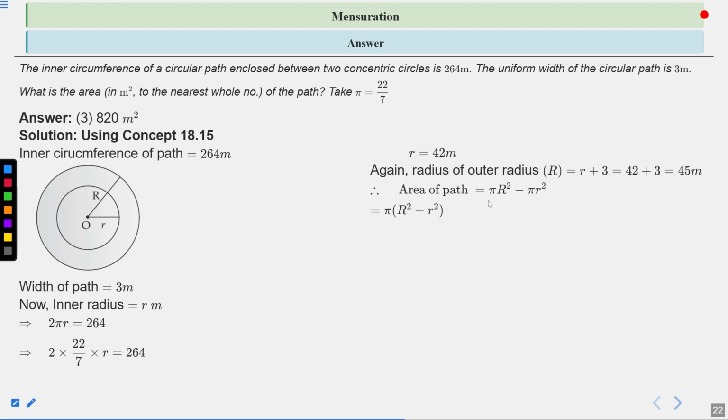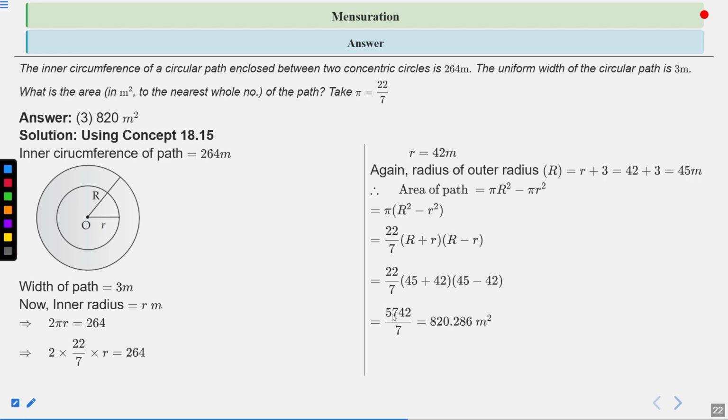We take pi common, so we get pi into R square minus r square. Putting the value, 22/7 into (R plus r) into (R minus r). So when we put the values, we get 22/7 into (45 plus 42) into (45 minus 42).